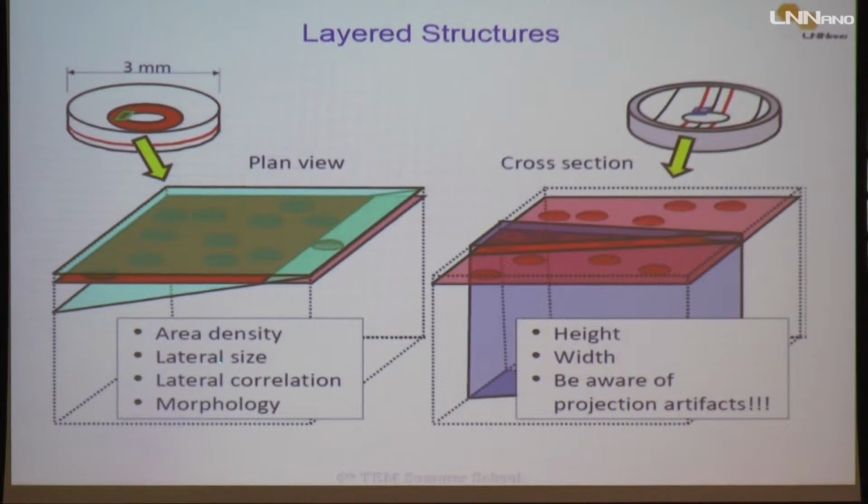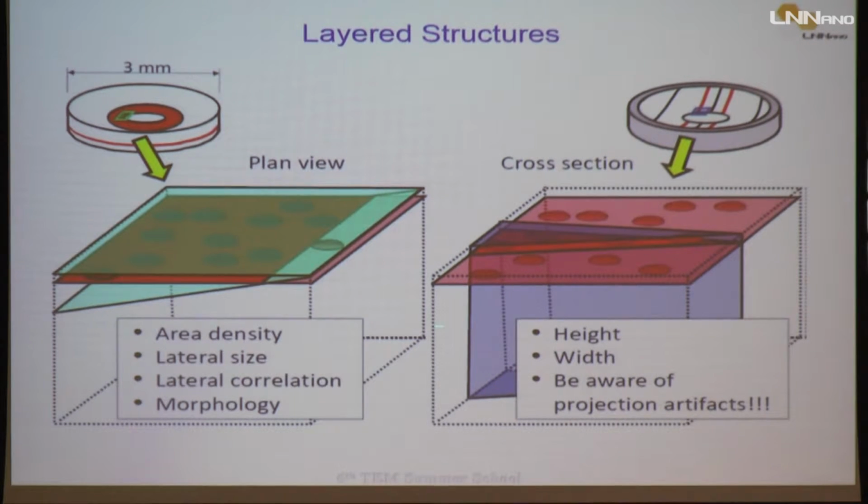You can see information about the lateral size of the quantum dots. You can have information about the lateral correlation between the quantum dots, if they are scattered without any order, or if they have some organization. And you can see something about the morphology, if it is circular, if it is squares, and so on.